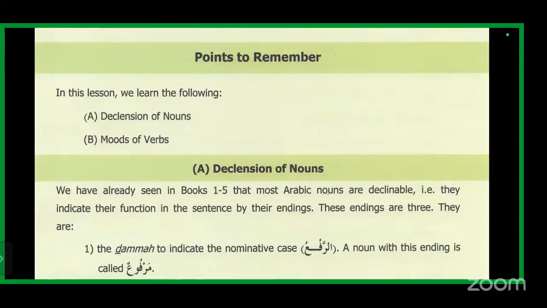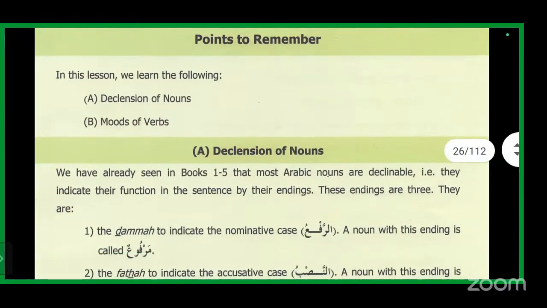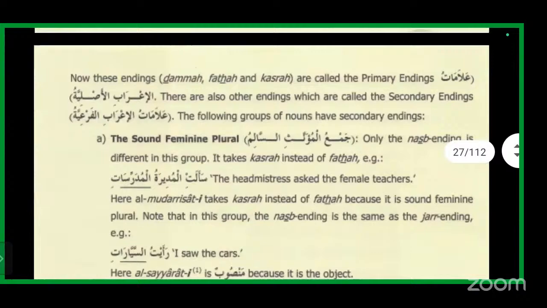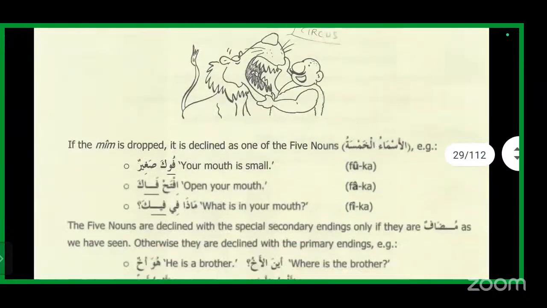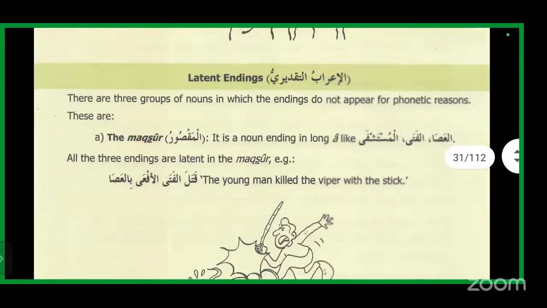Now, in the whole lesson, we have declination of nouns, al-i'rab al-ism, right? He has explained the same thing over and over. So we are going to do this part today, inshallah, if we can, along with the exercises.